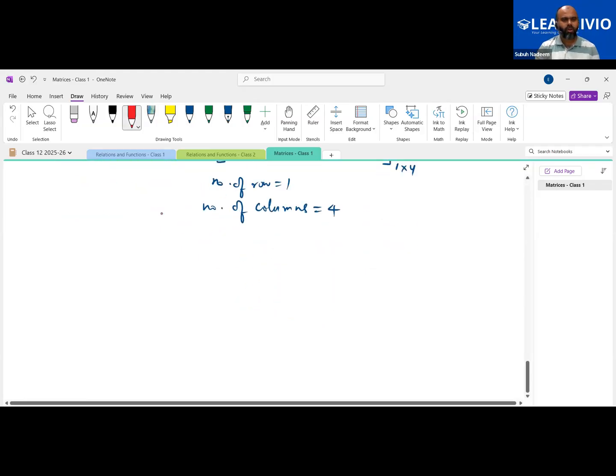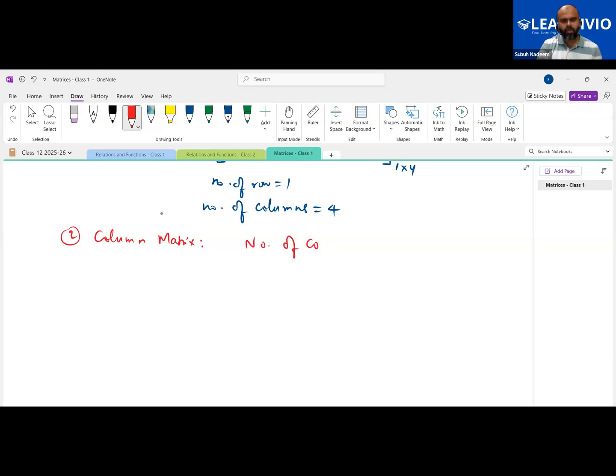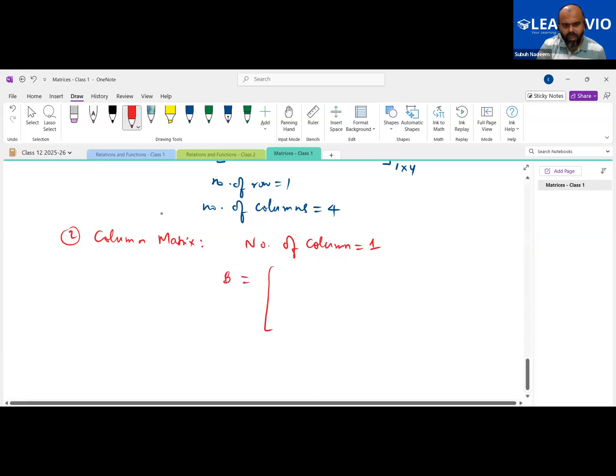Then we have something called a column matrix. In a column matrix, the number of columns is equal to 1. Suppose B is a matrix and it is having elements -1, 2, 3 by 7.